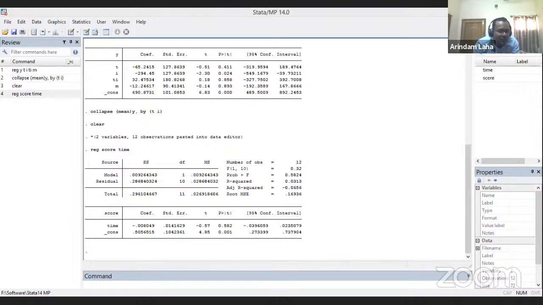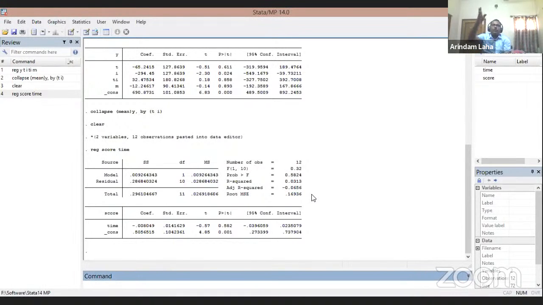What is the basic observation? The basic observation is that if you consider score as the dependent variable and time as the independent variable, then it has a negative implication. That means as we are moving from 2005 to 2016, which is our data set, there is a decline in the sustainability score in this particular microfinance institution.